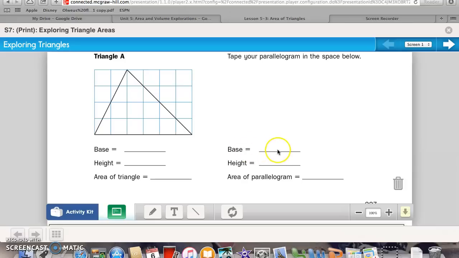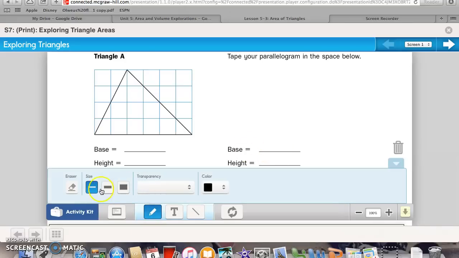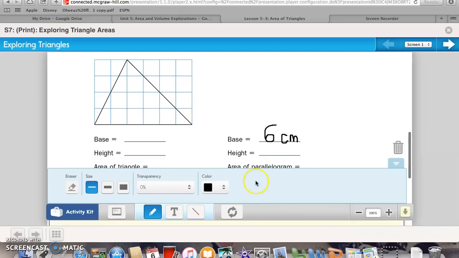So for the base, let's do it together. We have 6 centimeters. For our height, we had 4 centimeters. And for the area of our parallelogram, we came up with, it's not going to cooperate with me here.